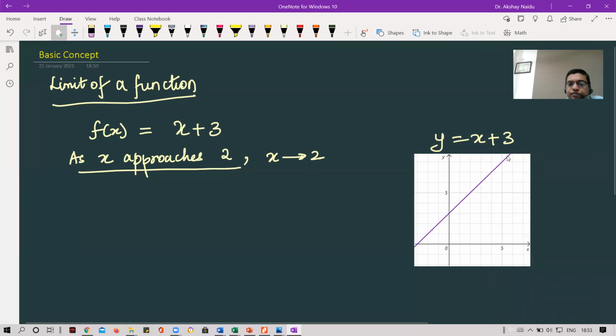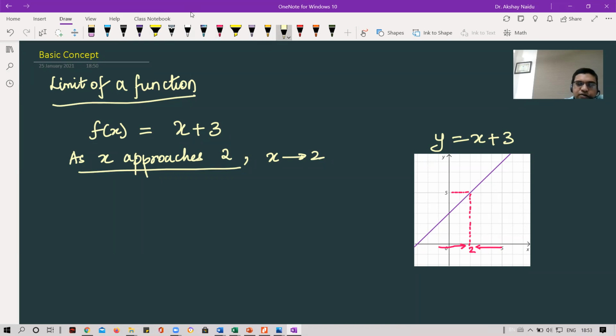Here is this value, x tending to 2. The function is approaching 5. Now, x tending to 2 means you can approach either from the left or from the right.